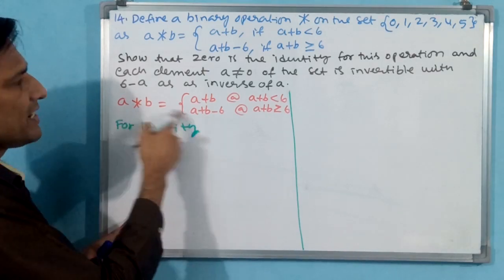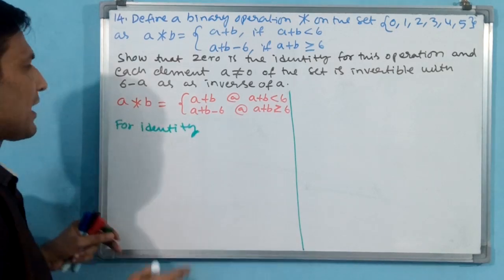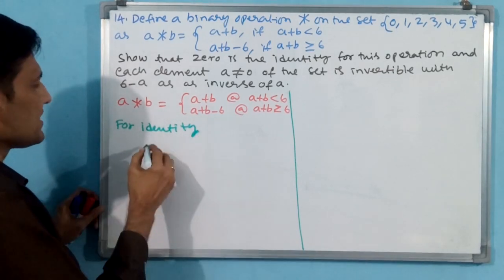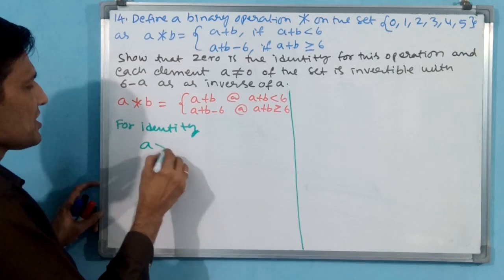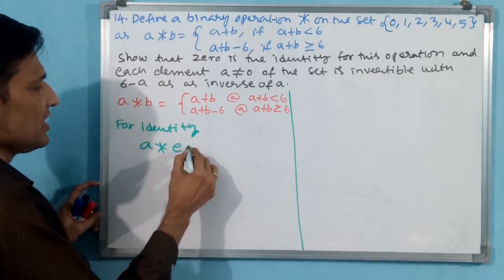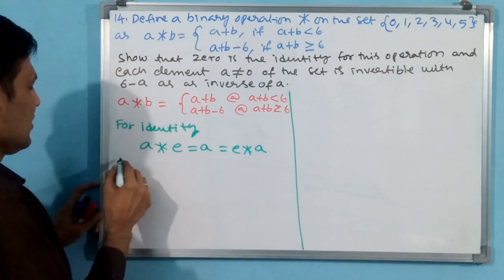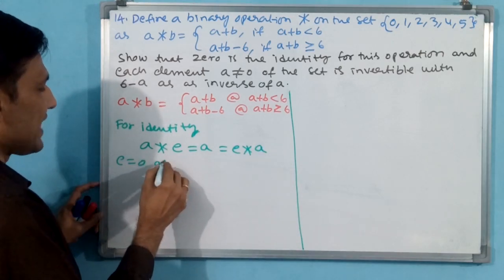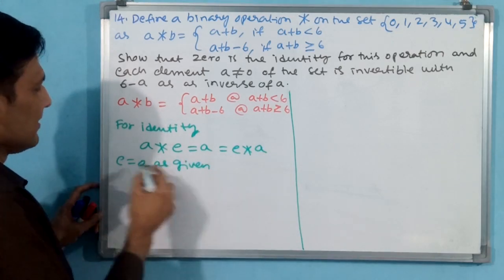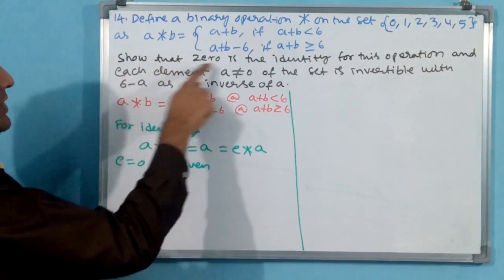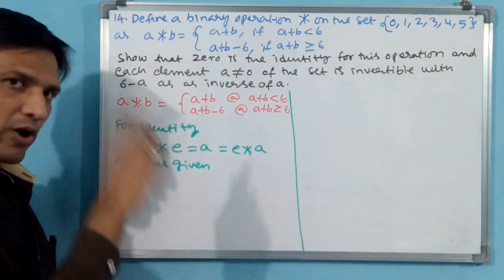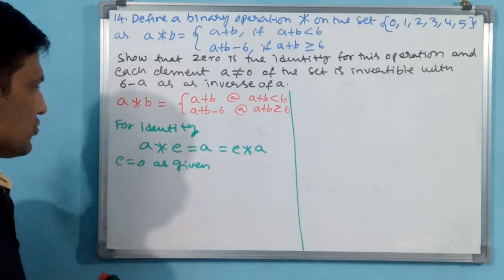See here, small a we will take, for identity. What is the identity formula? A star E is equal to A, that is equal to E star A. E is equal to 0 as given. That means show that 0 is the identity. That 0 we have to take, as given.